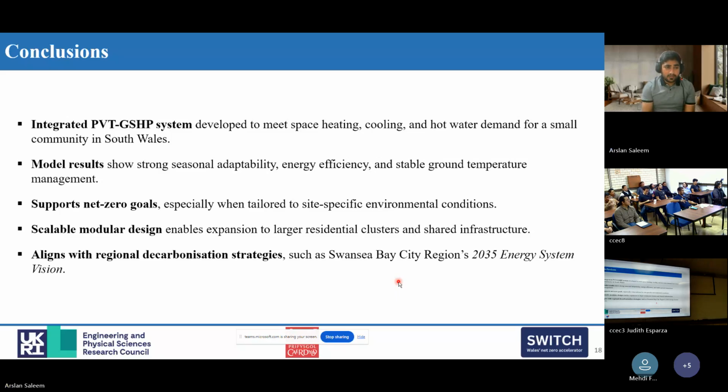The model results showed strong seasonal adaptability, energy efficiency, and stable ground temperature management, which supports the net zero goals defined by the UK, achieving net zero by 2050, and also the local regional goals for decarbonization of energy. Other advantages of the analyzed system are a scalable modular design, which enables expansion to larger residential clusters and shared infrastructure.